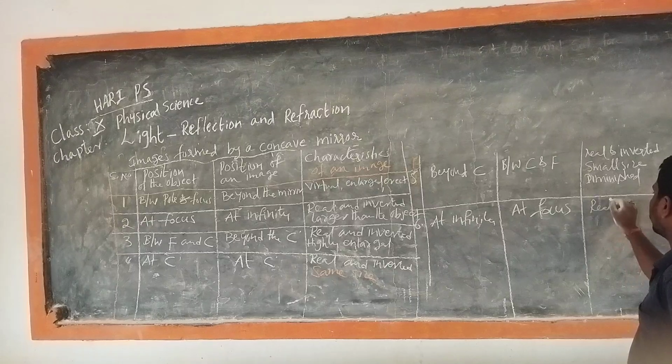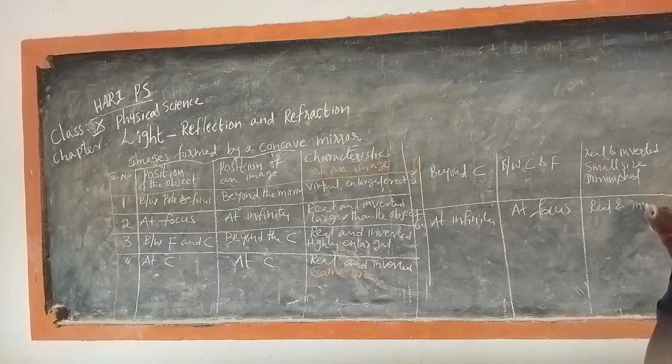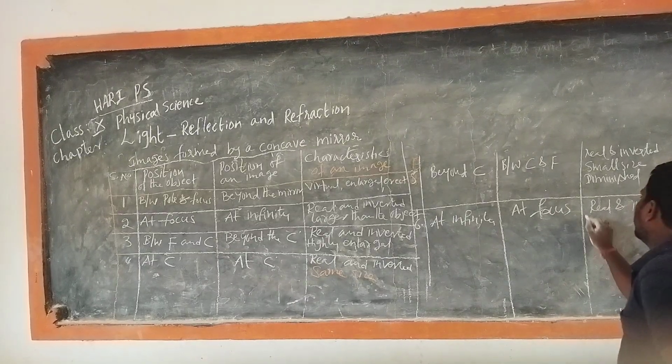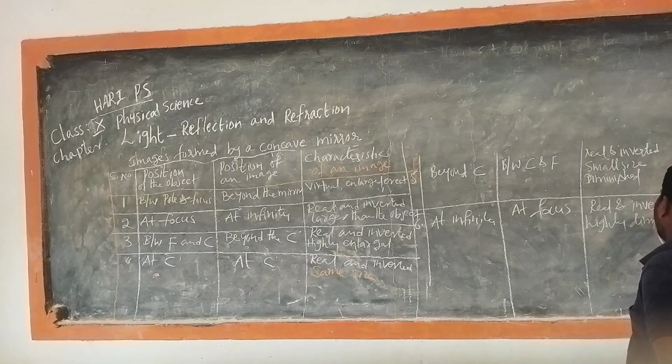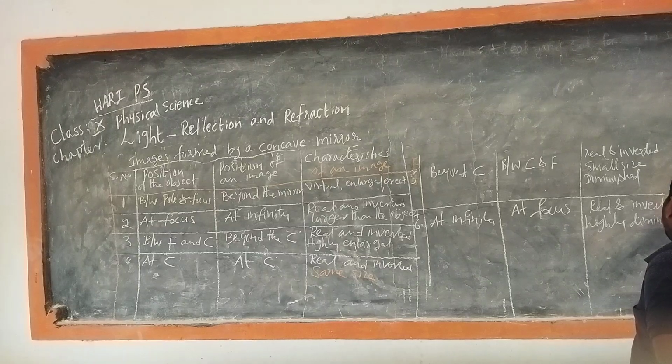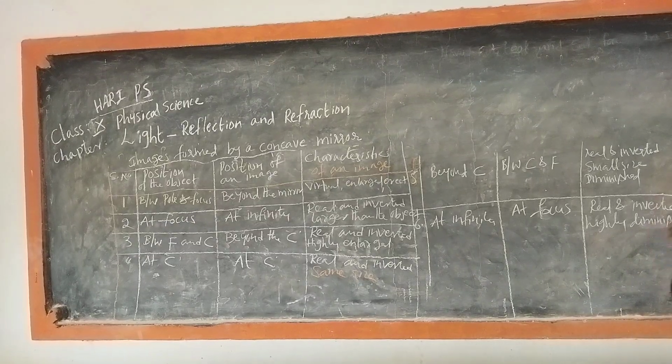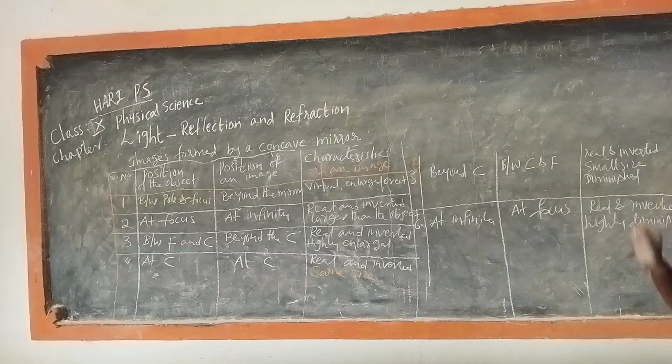Real and inverted images are formed, highly diminished, just like a point-size image. Very small size of the image is formed.